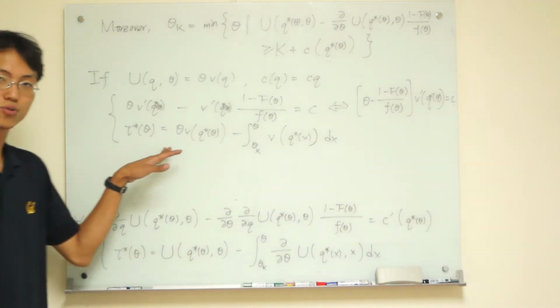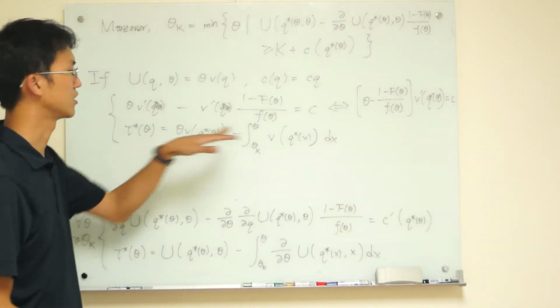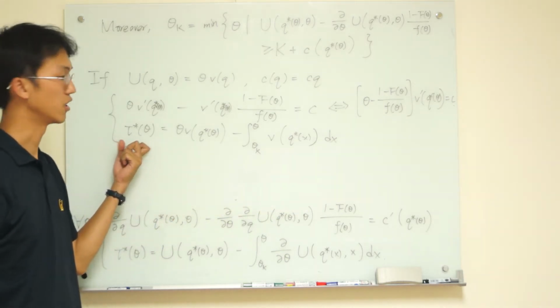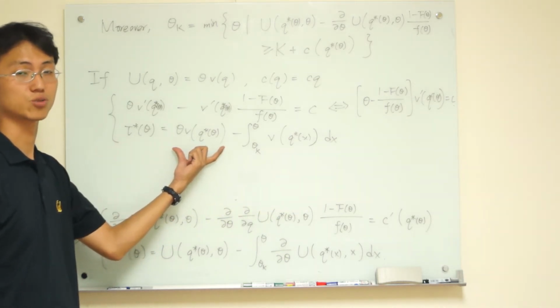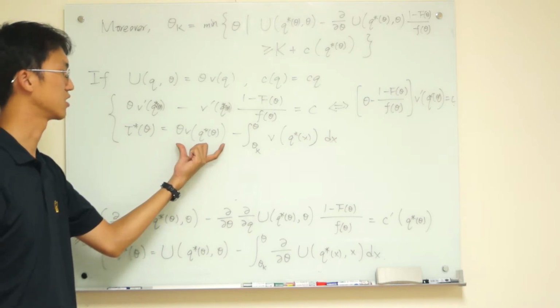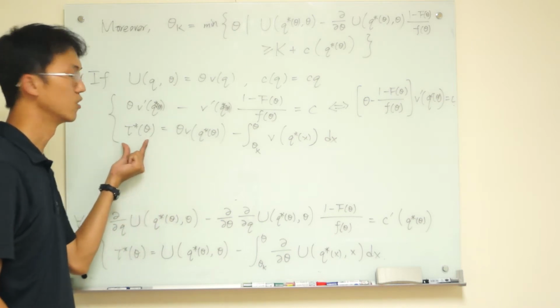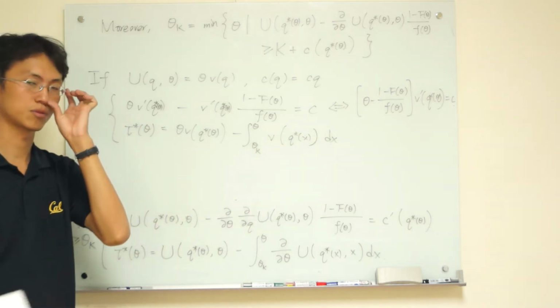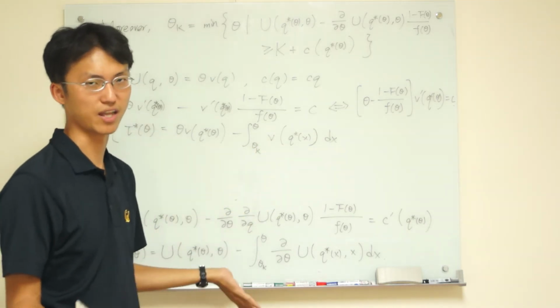If you go back to check your notes, this is exactly how you define your optimal transfer. This is the welfare or utility, and this equals tau plus this part, something you had in your previous lecture.